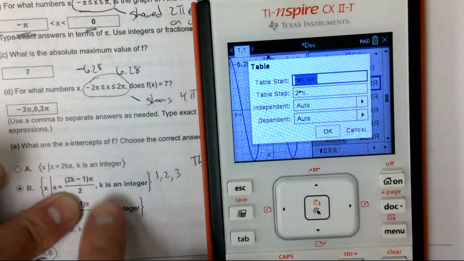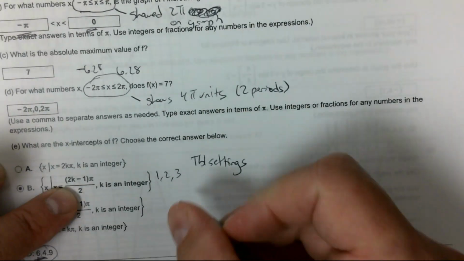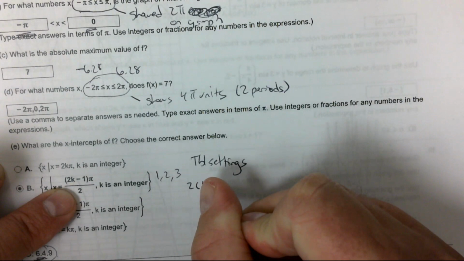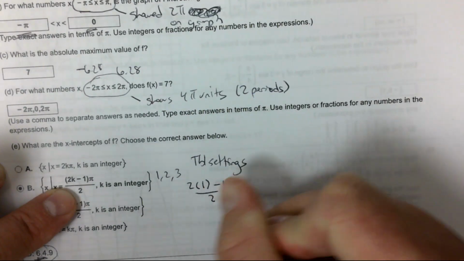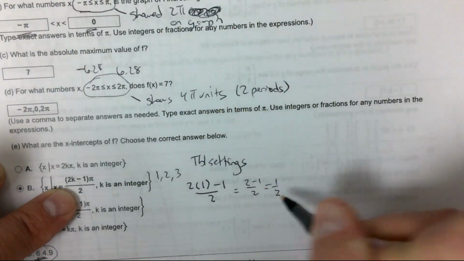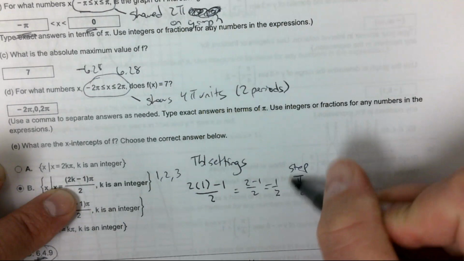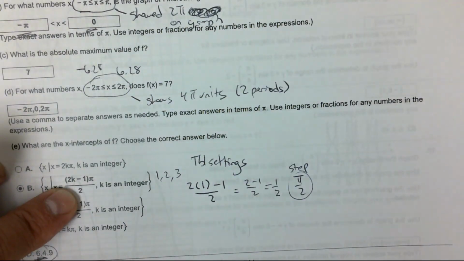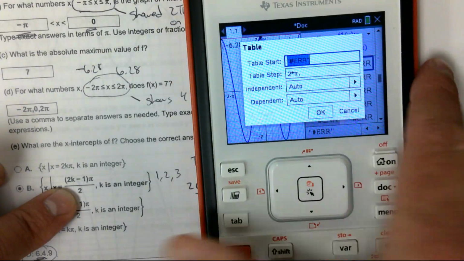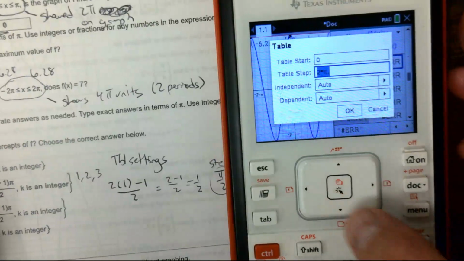Now on this one, if I do 2 times 1 minus 1 over 2, that'd be like 2 minus 1 over 2, which is 1/2. And so step by pi halves. So we want this is 0 and this by pi halves.